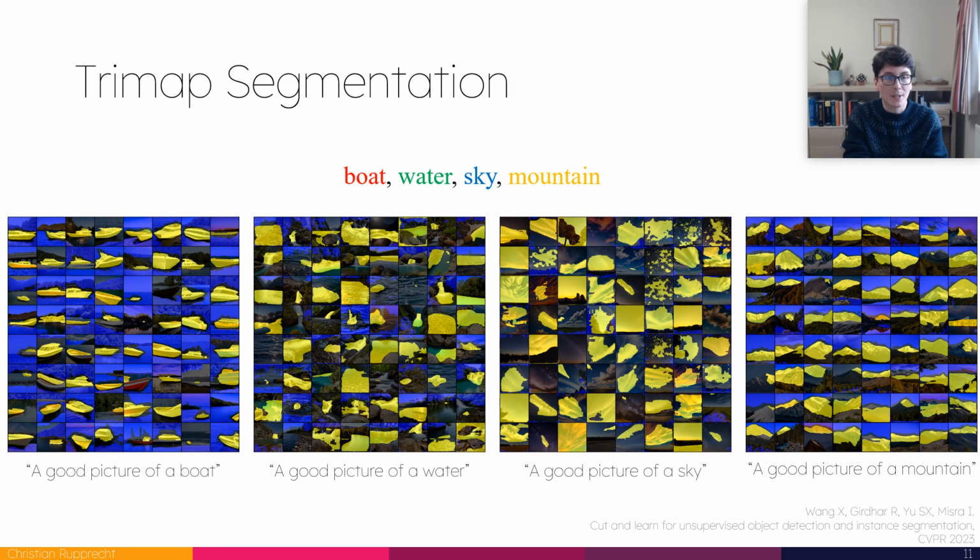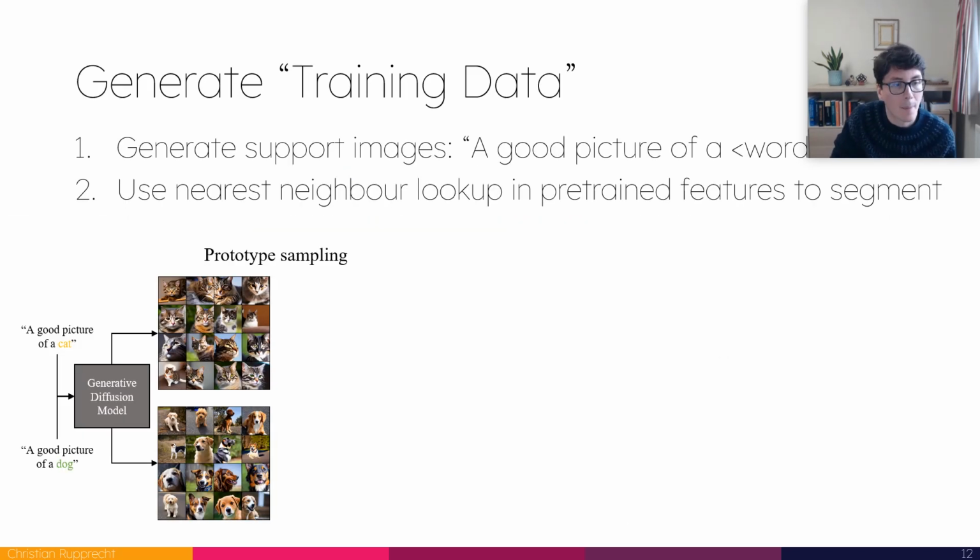What we can do with this is run this through one of these unsupervised foreground-background segmentation methods. Here we use CutLER, but the choice is not super critical in this application. That gives us regions for the foreground and background for each of these prototype images. Now, with this foreground and background separation, we have a way to generate prototypes.